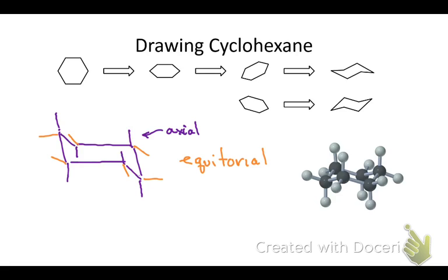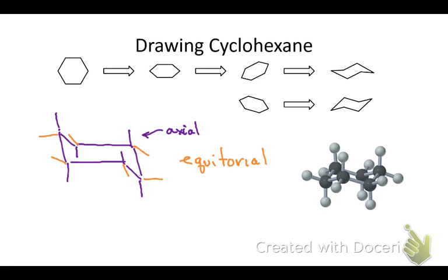You know what? I think I will leave the Newman projections for cycloalkanes for another time, but I do want to talk about strain and cyclohexane. So let me grab my methyl groups here.